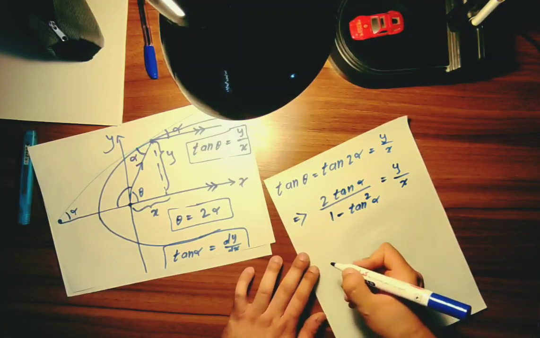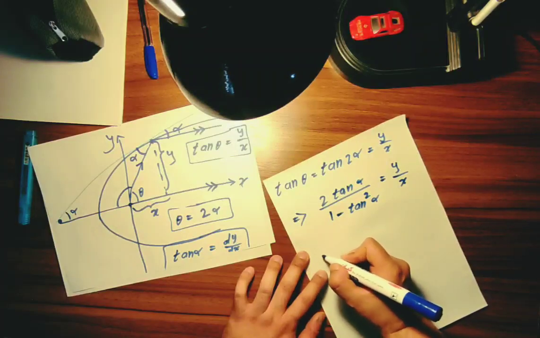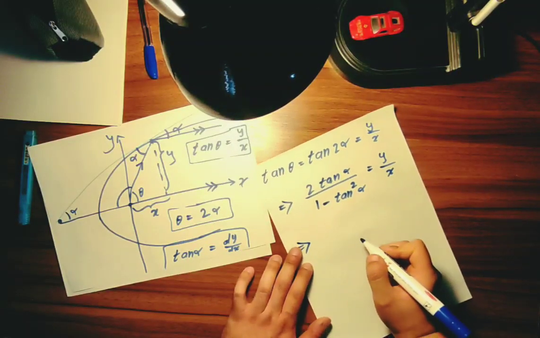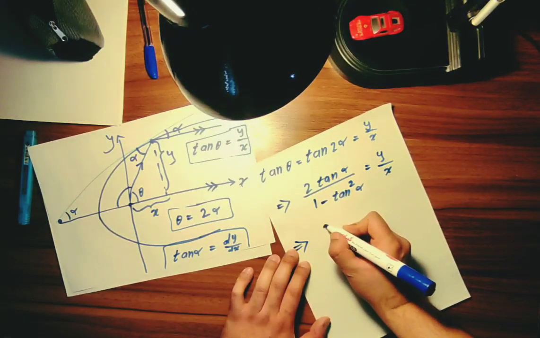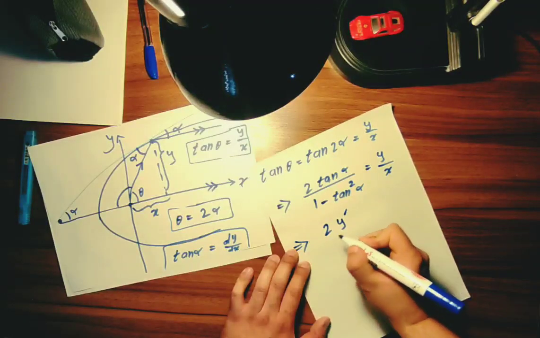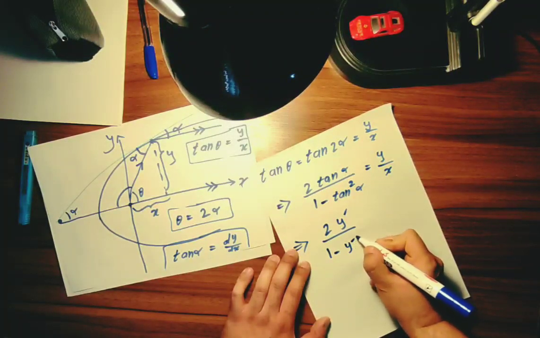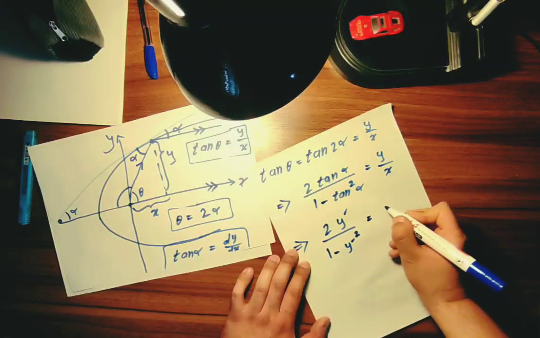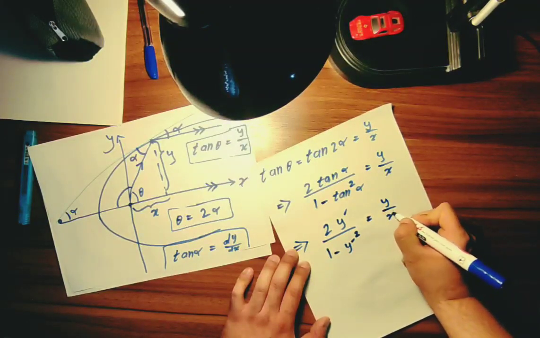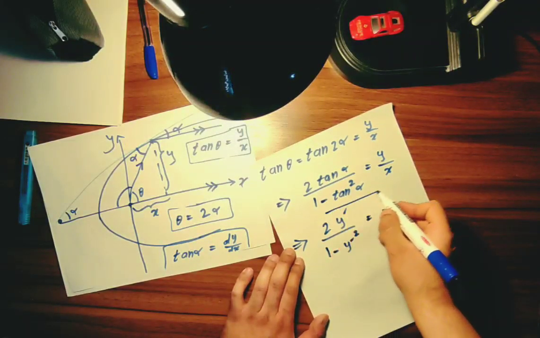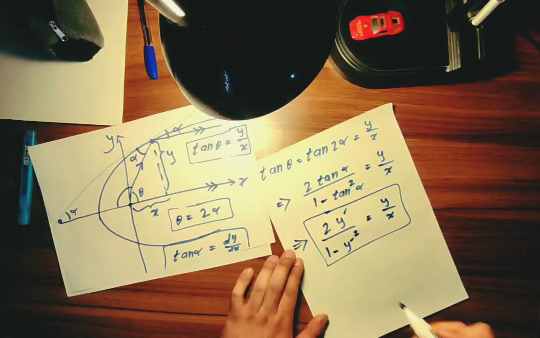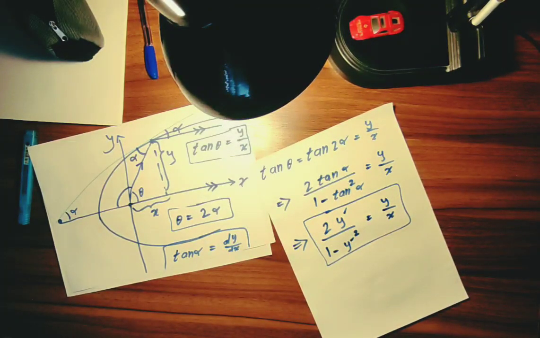Actually, it is y prime. So 2y prime divided by 1 minus y prime squared is equal to y divided by x. What is this? This is a differential equation, and we are going to solve this differential equation.